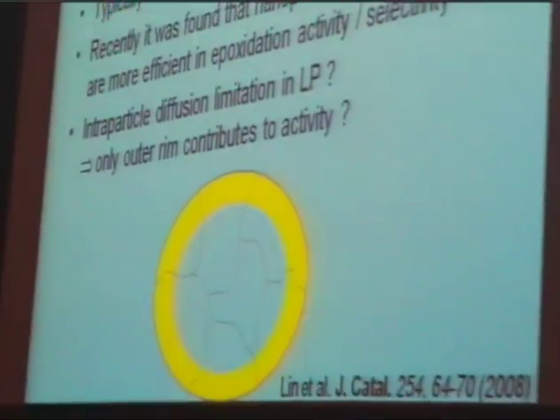Now recently it was found that you can also make them in sizes of 100 or a few hundred nanometers. And it was found that these smaller particles have a much better efficiency for epoxidation. Now, one could not directly pinpoint the reason for this higher activity, but probably it is because there are some intraporous diffusion limitations in the large particles, meaning that only the outer part of the catalyst is really efficient, and the substrate cannot really reach the inner part.